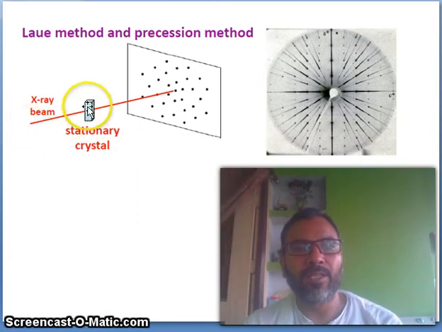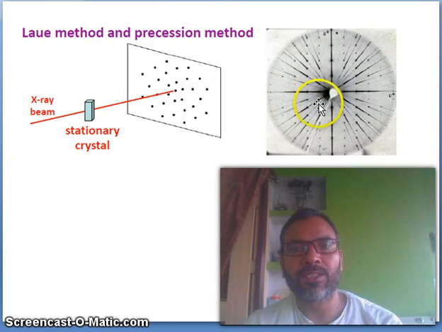Then your crystal, this one is a single crystal, a stationary crystal. Then you will get small high intensity spots.